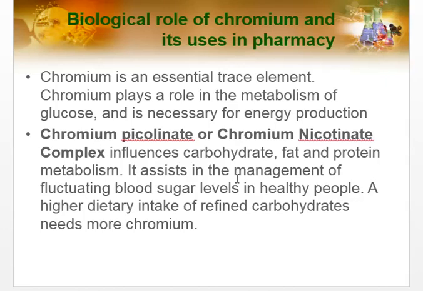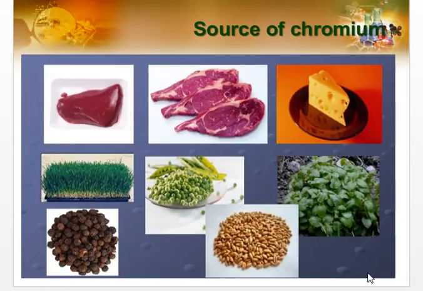It assists in the management of fluctuating blood sugar levels in healthy people. A high dietary intake of refined carbohydrates needs more chromium. In our slide you can see the sources of chromium, for example cheese, meat and other sources of chromium.